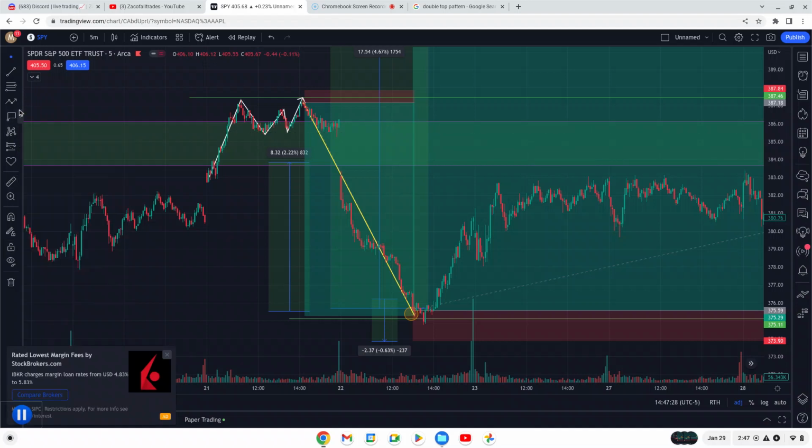And this is how I like spotting my patterns too. Like I just draw sometimes like this, because this just tells me if I do break over these lines, then this pattern is invalidated, meaning it's not valid anymore.